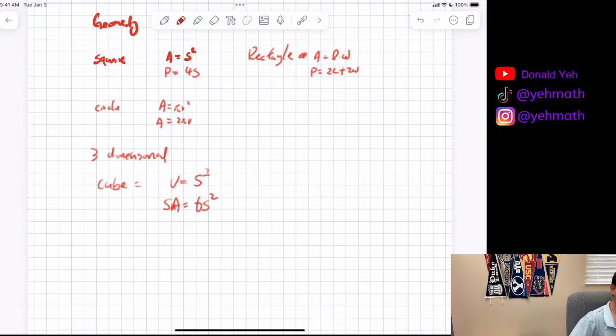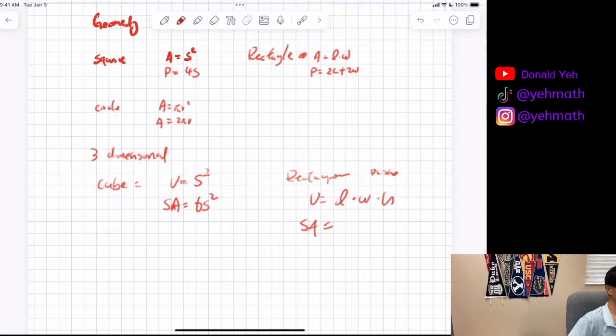Rectangular prism. Volume is equal to what? Length times width times height. Now, what's the surface area? Isn't it just 2L plus 2W cubed?